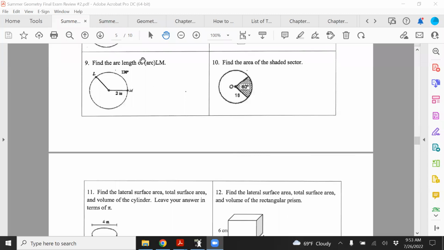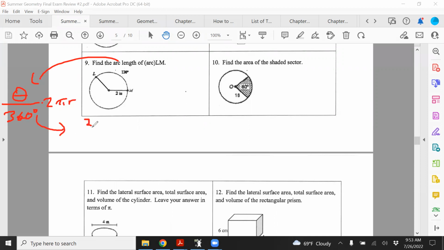The general formulas are this. Gosh darn it. Let's do it again. Arc length is theta over 360 degrees times 2 pi r.